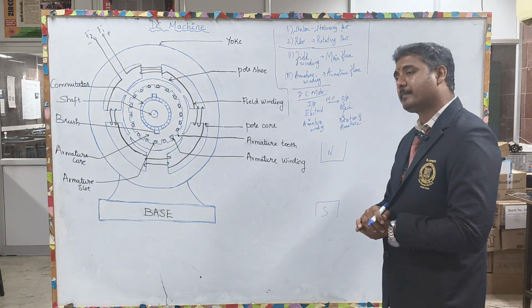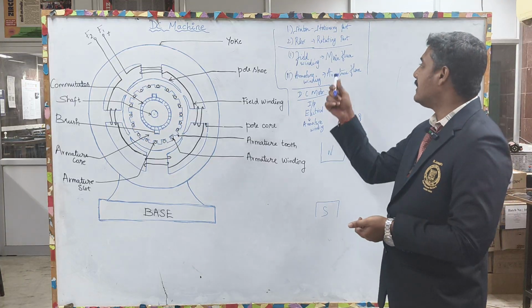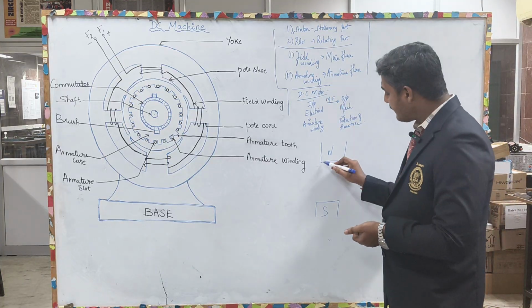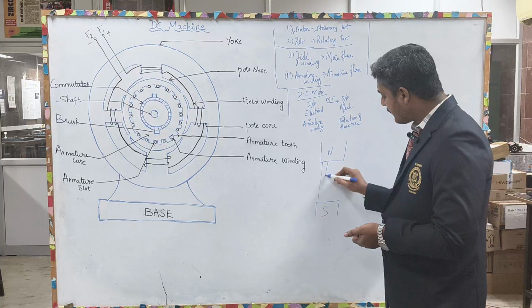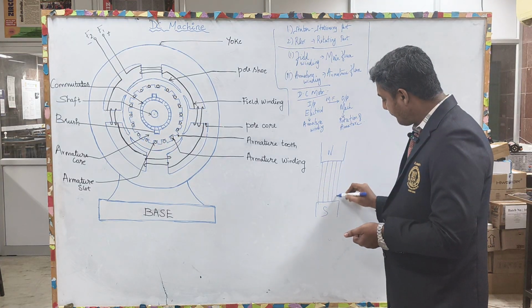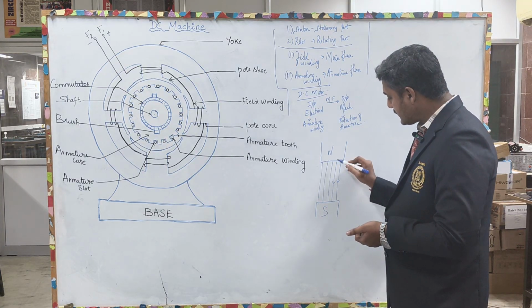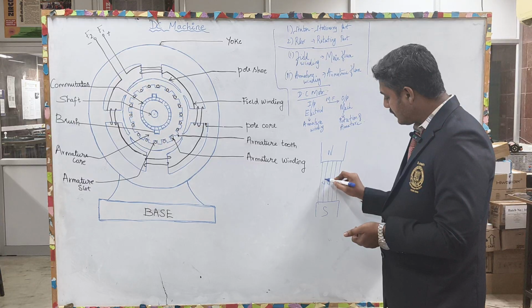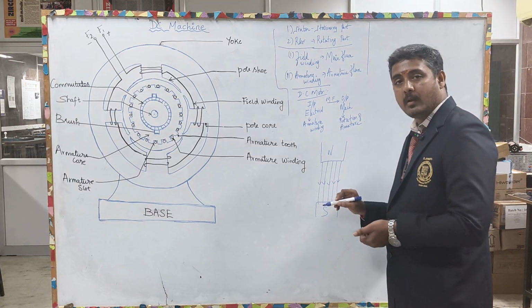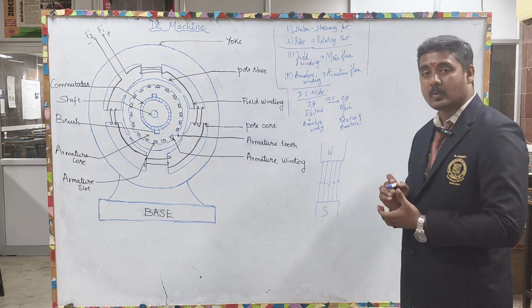You are going to excite the field and that field will produce the main flux. That main flux, or main magnetic lines of force, will link the north pole and south pole, moving from north pole to south pole.